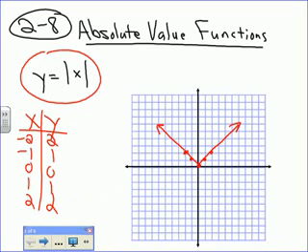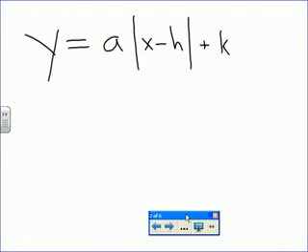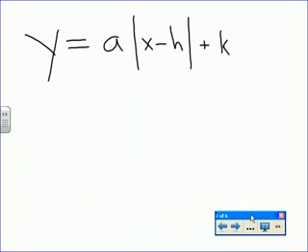If it hits the side at 50 degrees, it's going to reflect off the side at 50 degrees. Say if you were to spike a volleyball, if you spike it down at 70 degrees, it's going to come up at 70 degrees. When it hits something, it's going to reflect back at the same angle. So those are some things that an absolute value function models.